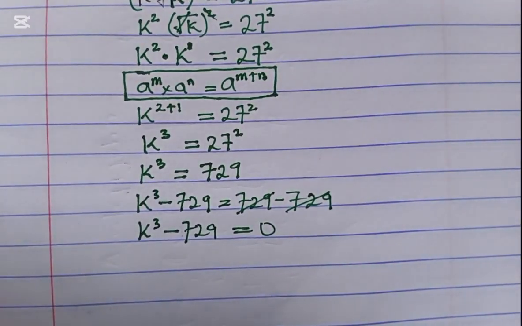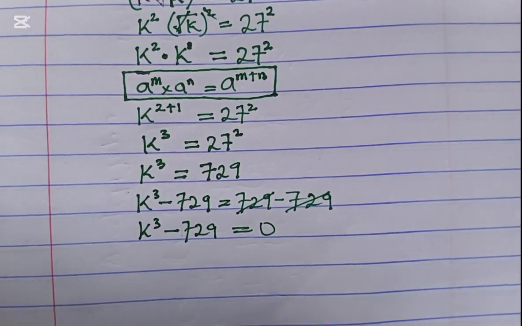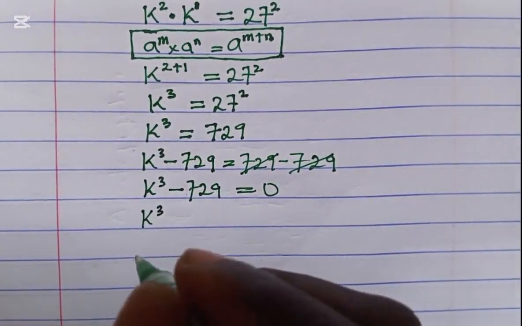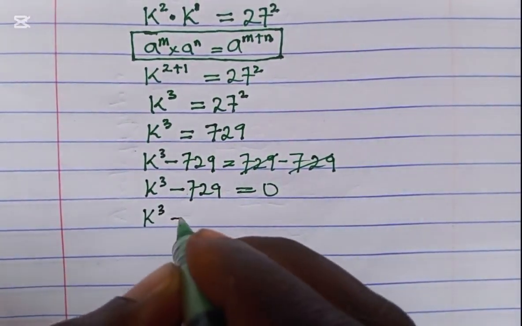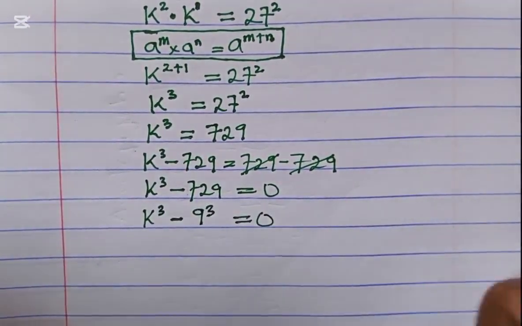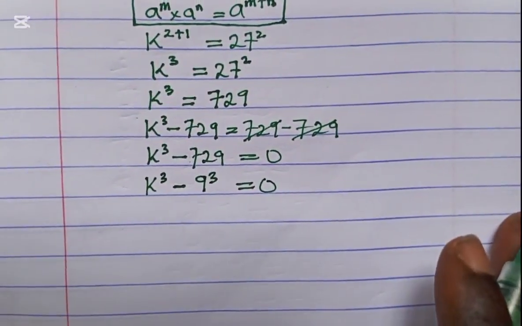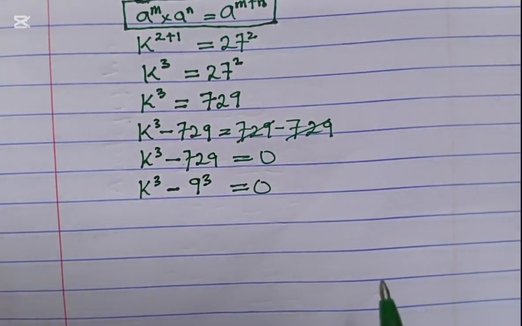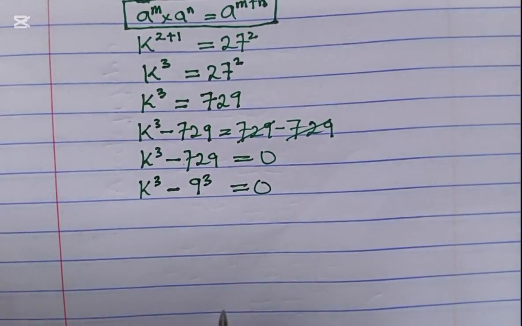Okay, so after this, now we can write this as k raised to the power of 3 minus 9 raised to the power of 3, which is equal to 0, because 9 raised to the power of 3 will also give us 729. 9 times 9 times 9.